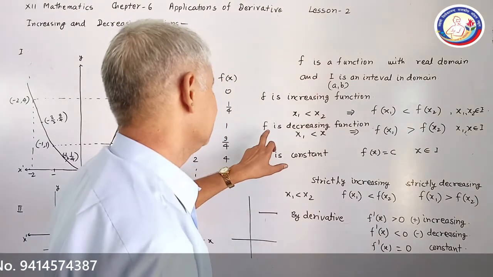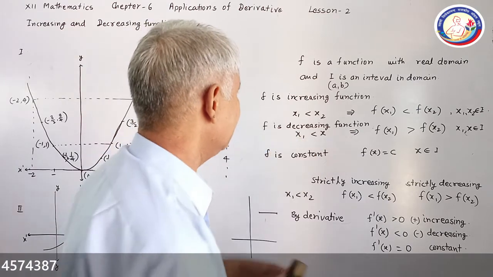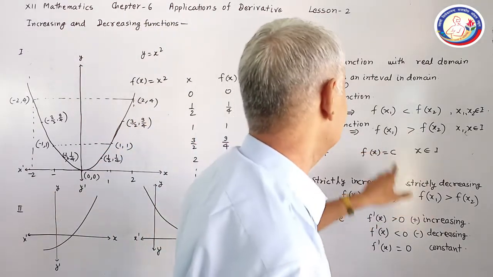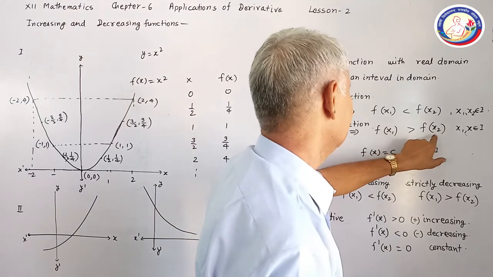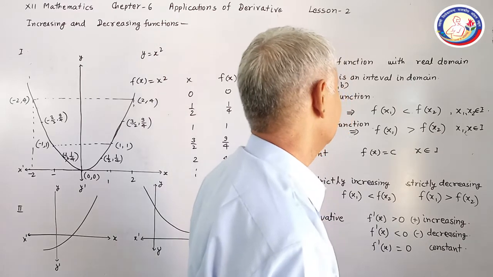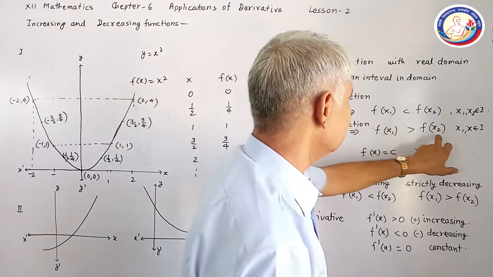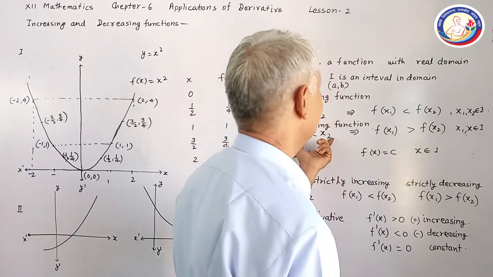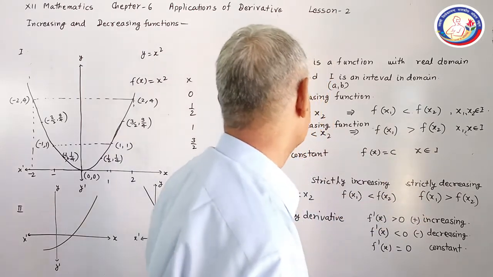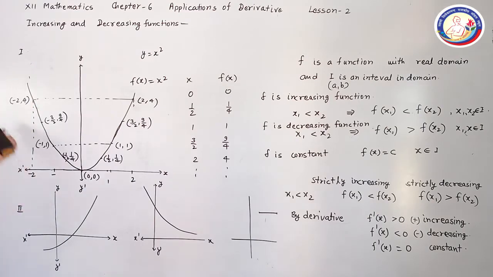And if x1 is less than x2, and we find the reverse condition that f(x1) is greater than f(x2), it means the value of function decreases with increase in value of x, then we say that the function is decreasing.